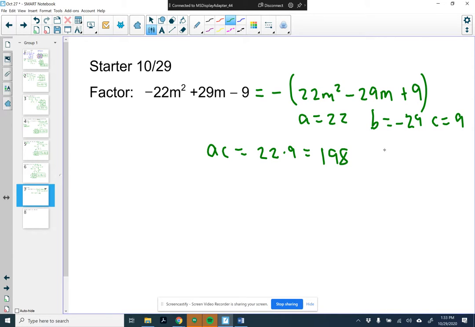I'm going to look for two numbers that multiply to create 198, but they have a sum of -29. That sum of -29 is important. It's negative. And 198 is big. Well, they both have to be negative. I could do this, but that's going to be way too big of a sum, or I should say way too small, -199.